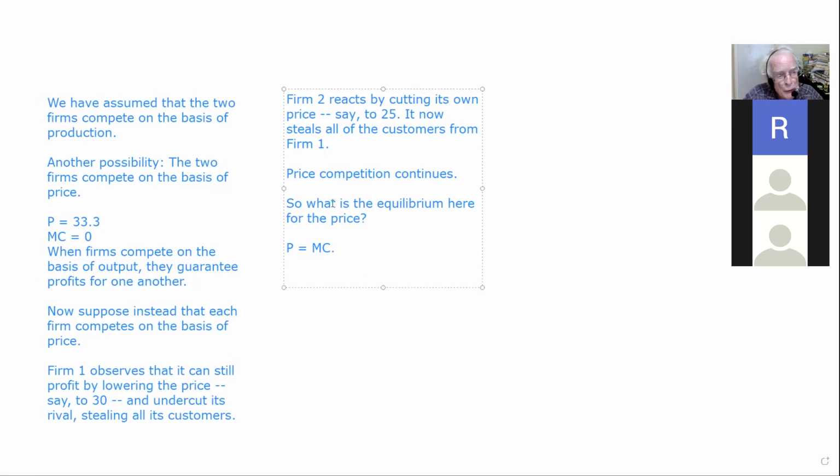So the competition looks very different in results, depending on whether we are competing on the basis of output or on the basis of price.